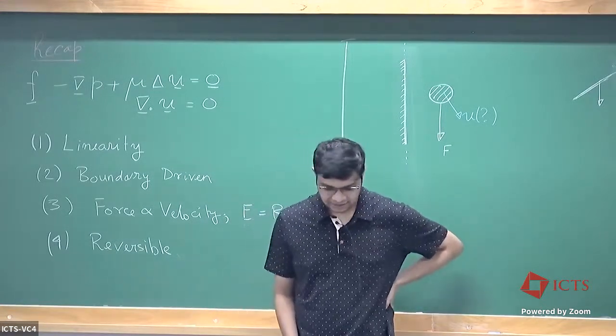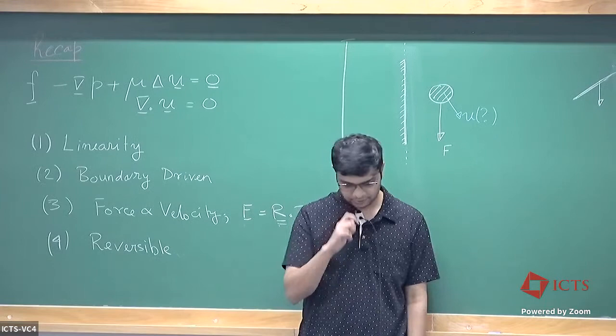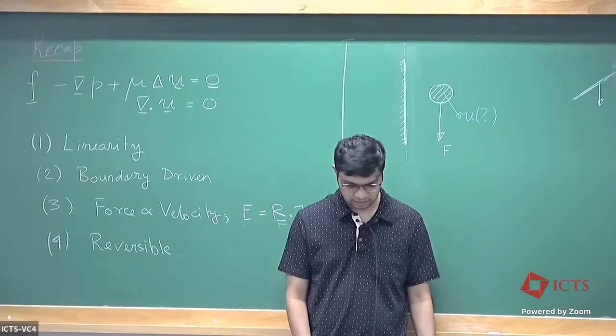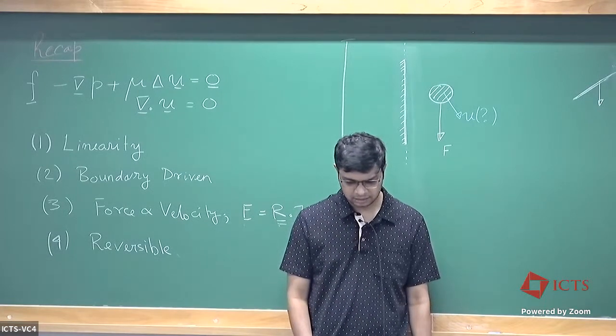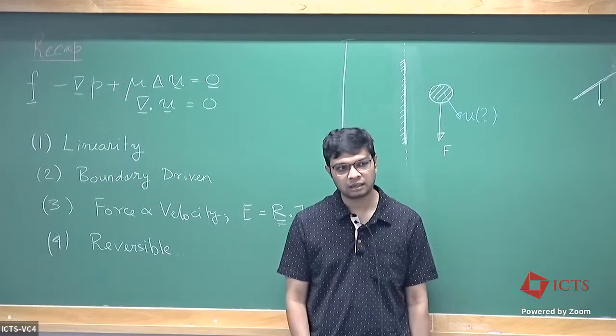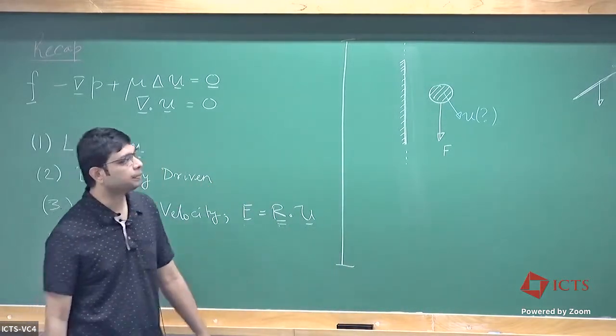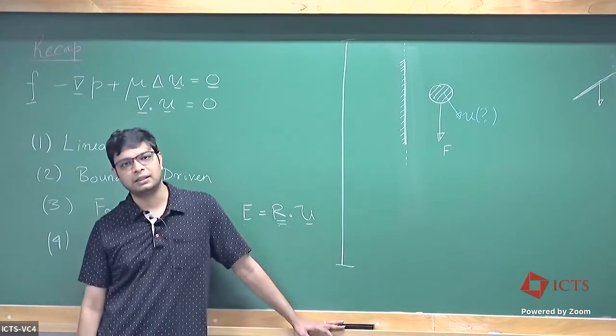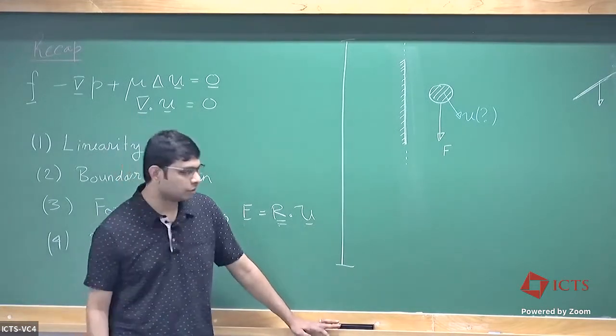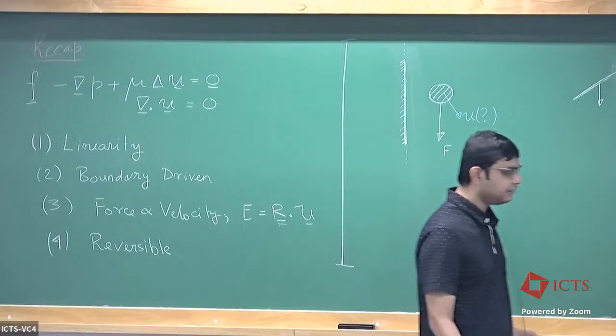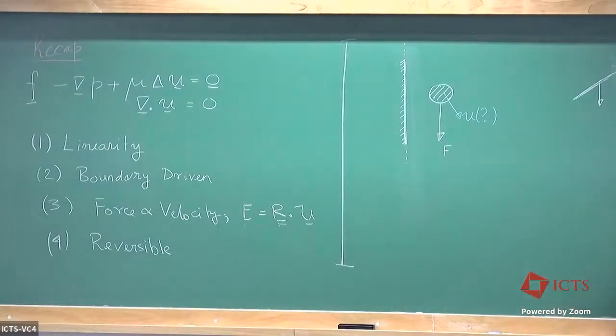Sir, in one place he mentioned that in a particular situation, cavitation bubbles appear. What does that mean actually? Okay, so cavitation bubbles can appear if the pressure goes down. Water has a vapor pressure. If the absolute pressure goes down below it, the water can evaporate and you can have formation of bubbles.